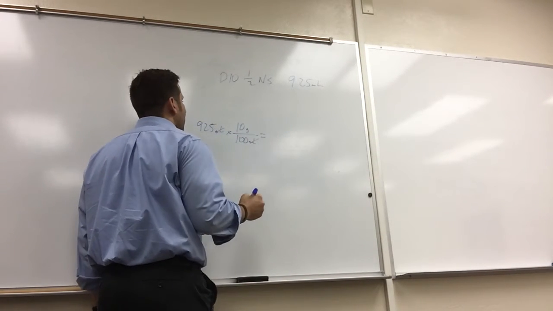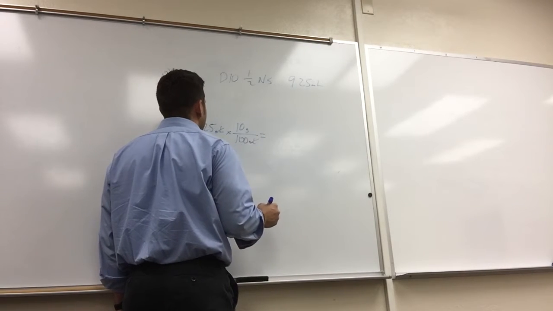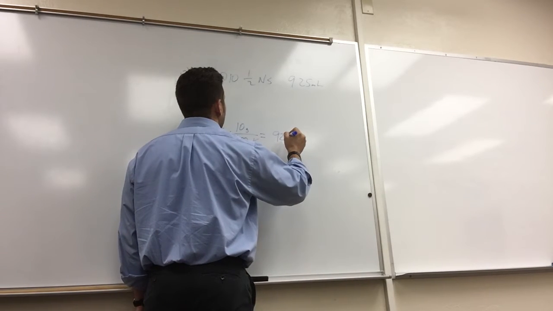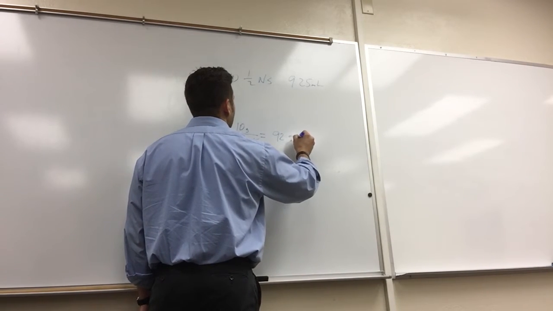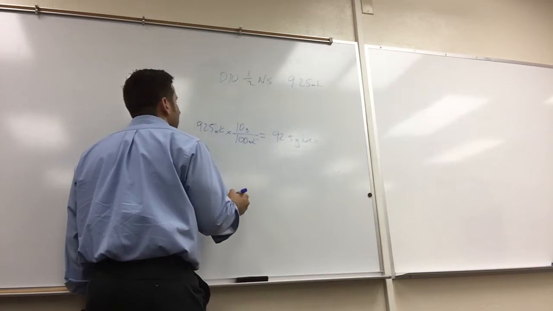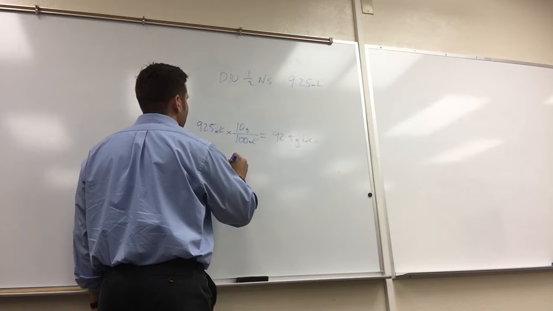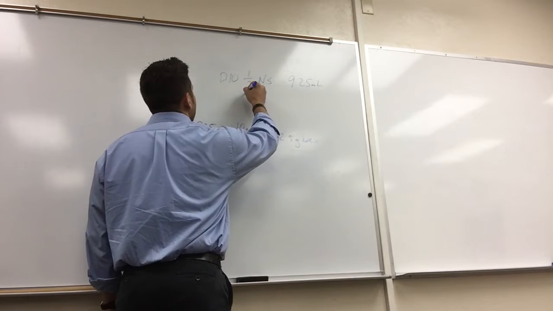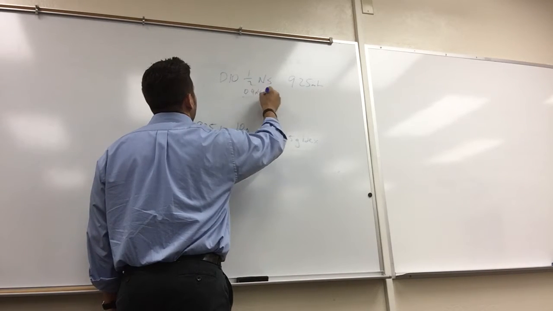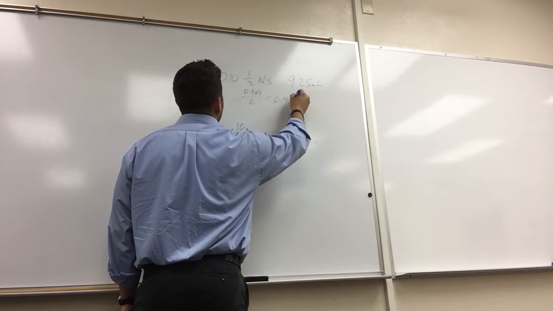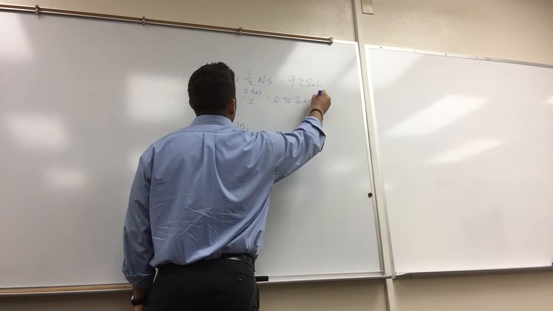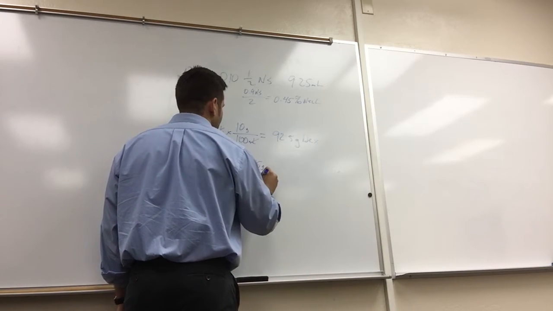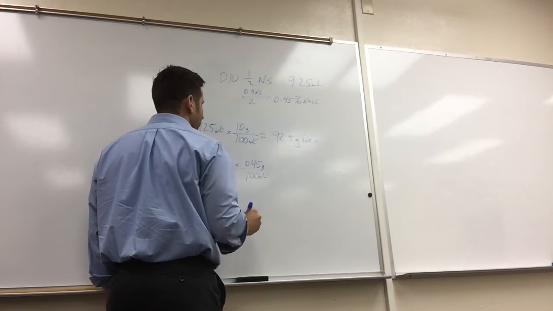Okay, so what's the first thing? Oh, D10. Start with 925. 925 times 10 divided by 100 would be about 92.5, right? That's the dextrose. What's half NS? 0.45.